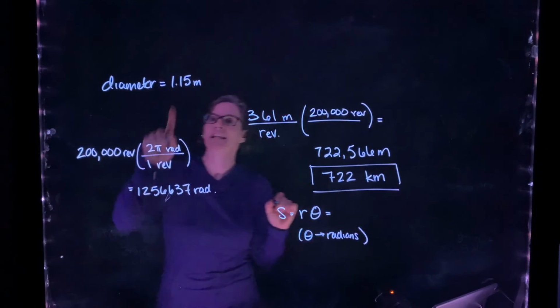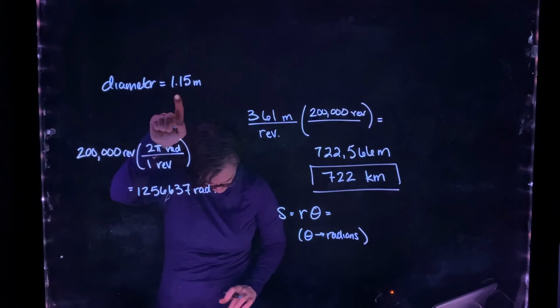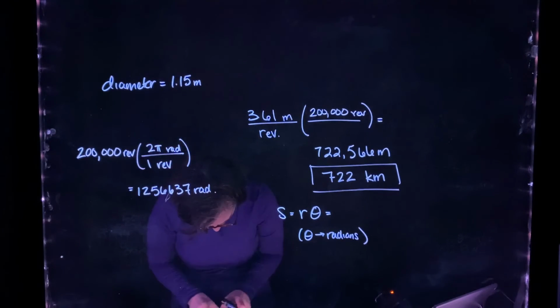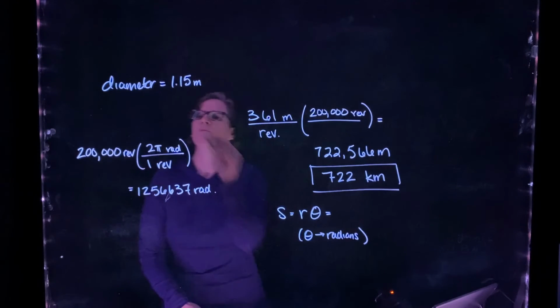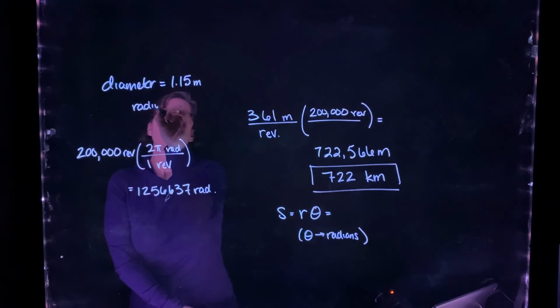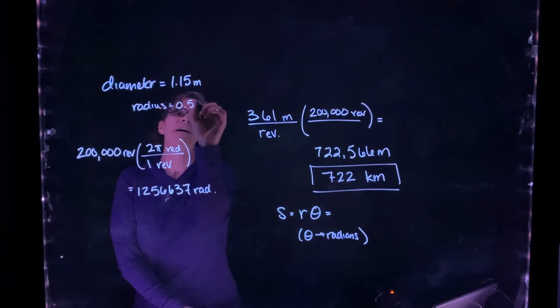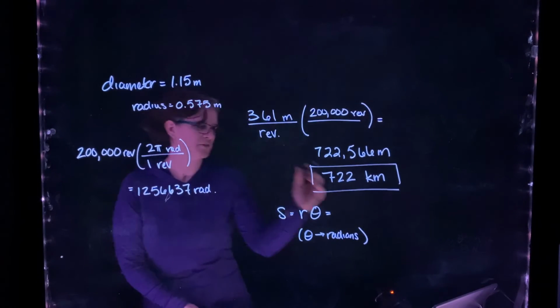Well, my radius is half my diameter. 1.15 divided by 2, so the radius is equal to 0.575 meters.